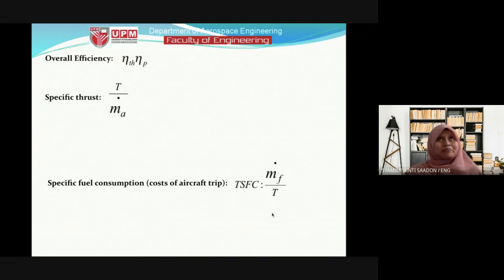It means that for 1 Newton of thrust or 1 kilonewton of thrust, how much fuel is needed? For example, we need 10 kilogram per second of fuel in order to produce 1 Newton of thrust. So that is the definition of specific fuel consumption.